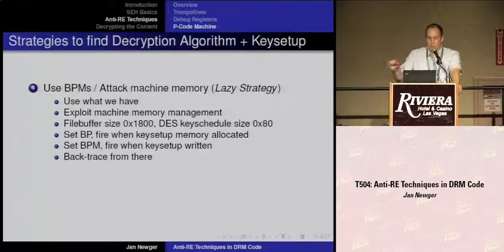And whenever this memory has been written, we know where we are in the key setup algorithm. And from there, under the assumption that the decryption algorithm is pretty close, we could backtrace from there and have everything.